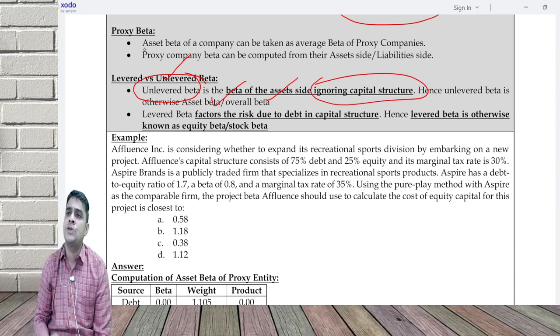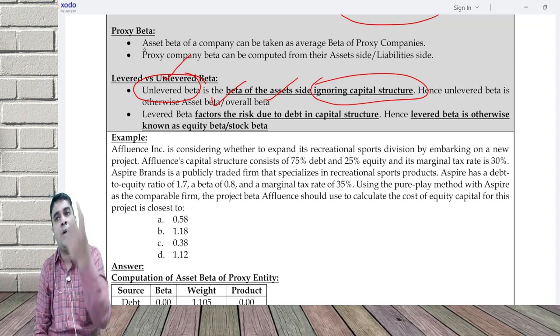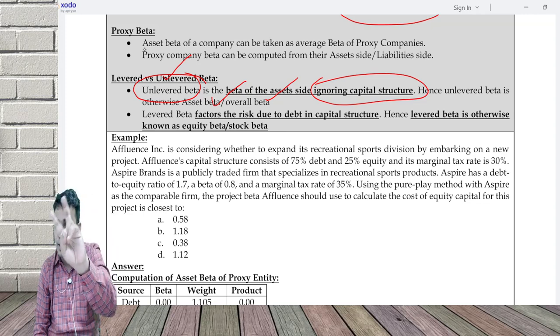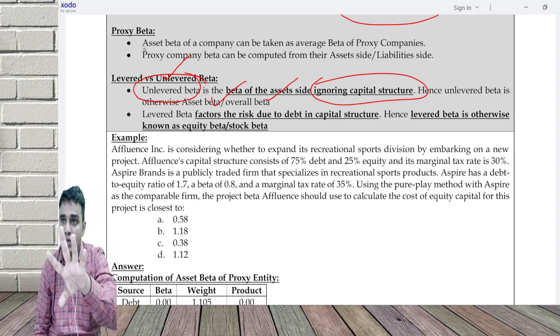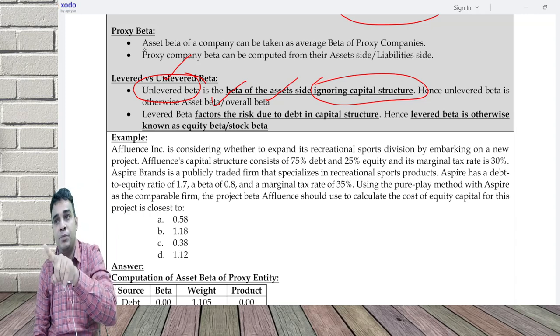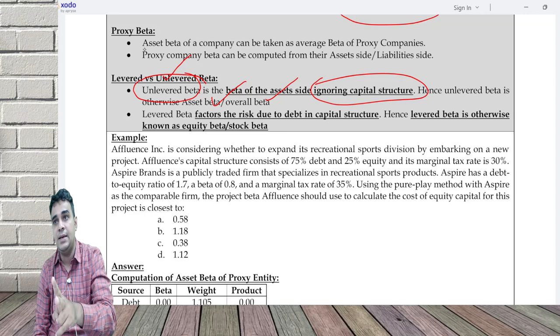Now, what is the implication of this? This came in an exam in one EVA question. In economic value added, I had two problems. They had given the two betas in the question. In one exam, they gave asset beta. In one exam, they gave equity beta. Equity beta directly gives KE, KD, WACC.